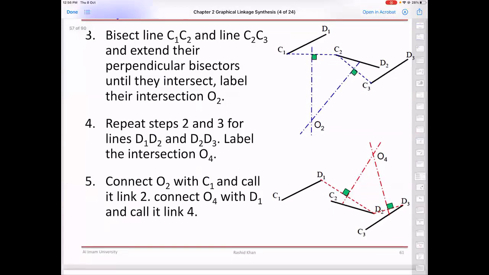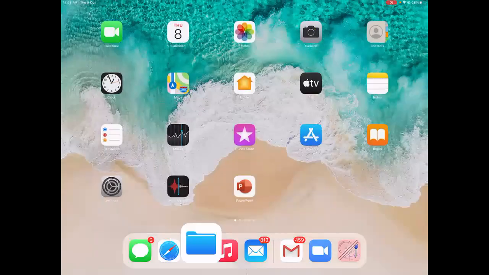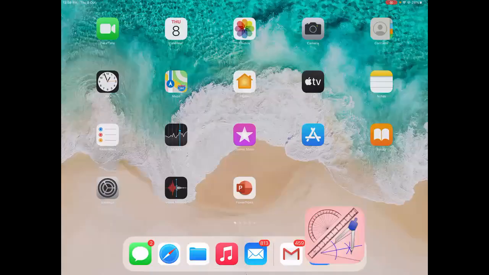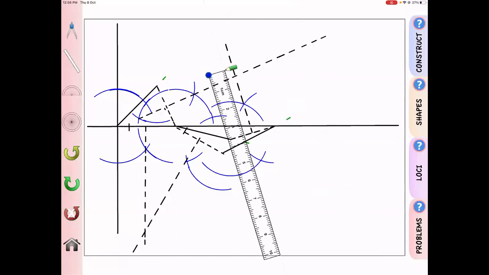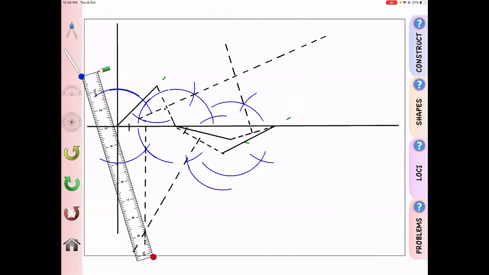Now connect O2 with C1 and call it link 2, okay? Link 2 means crank, okay? Connect O2. O2 is here with C1, okay? So let me just try to measure. So I'm measuring from 3.